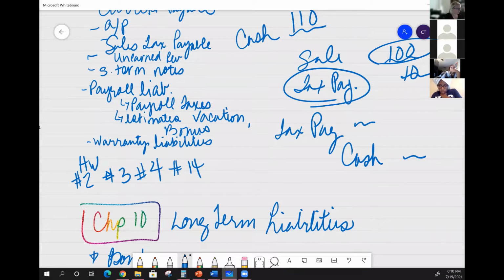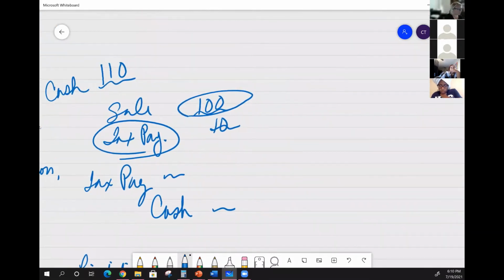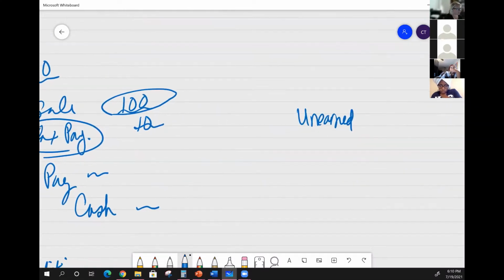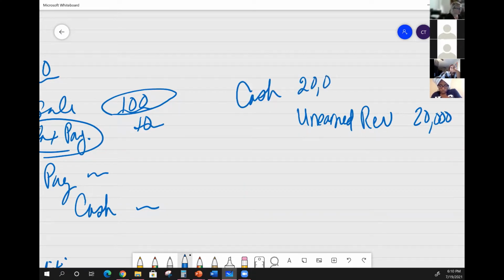It would be a credit for whatever those services were, unearned revenue of $20,000, and I collected the money. So here's my cash. Haven't performed them yet, so it's going to sit as a liability on the balance sheet.